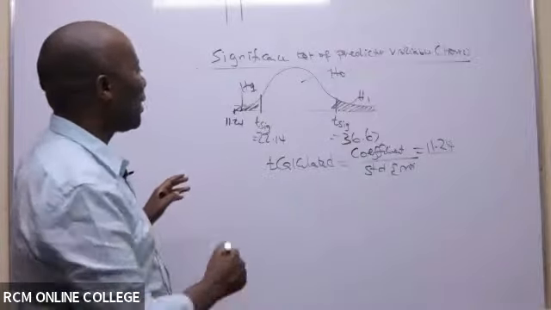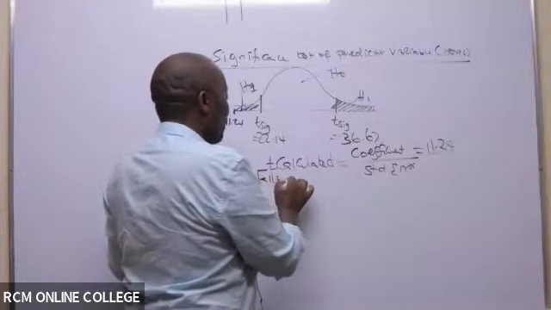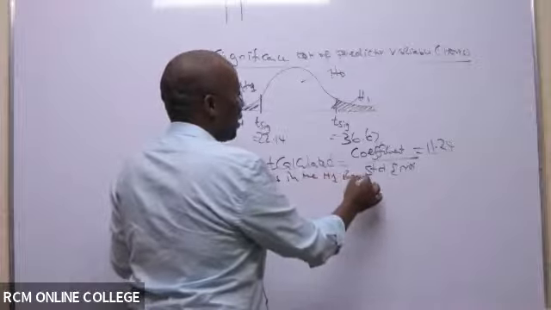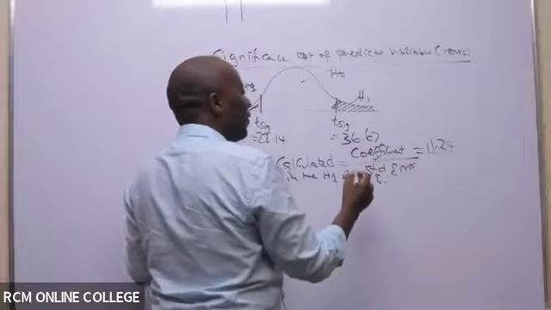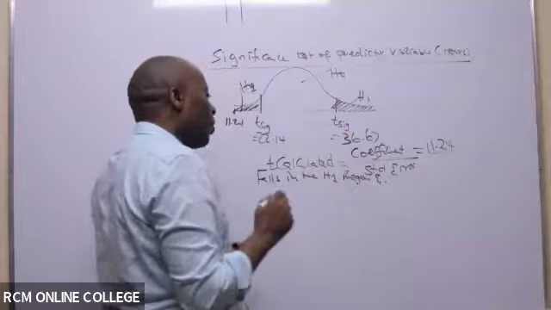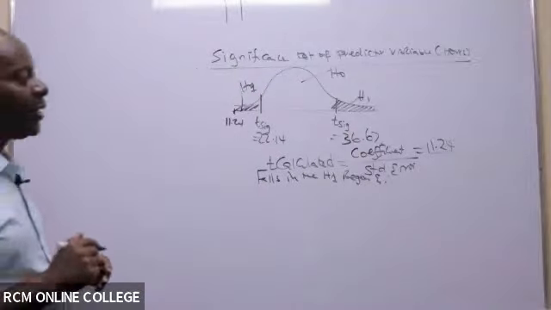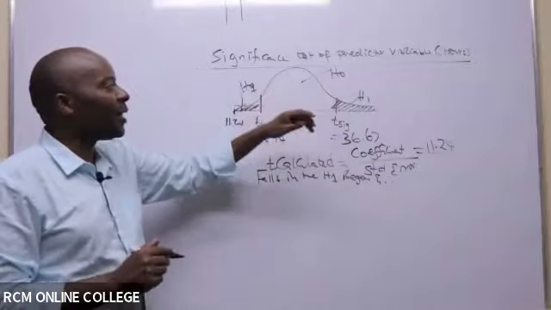Great. So in this case, 11.24 falls in the H1 region. And therefore, the predictor variable is significant. It's not empty. This is empty, no shadings, nothing.